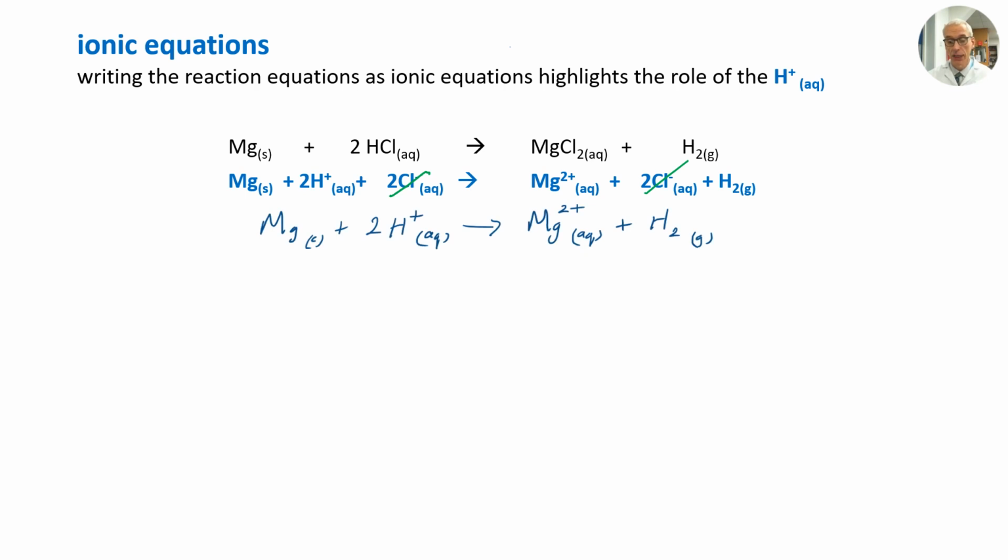So my overall ionic equation is simply magnesium plus 2 hydrogen ions forms magnesium 2+, the free aqueous magnesium 2+ ion, and hydrogen gas. Moving from a list of all the ions present to the ionic equation is achieved by removing the spectator ions.